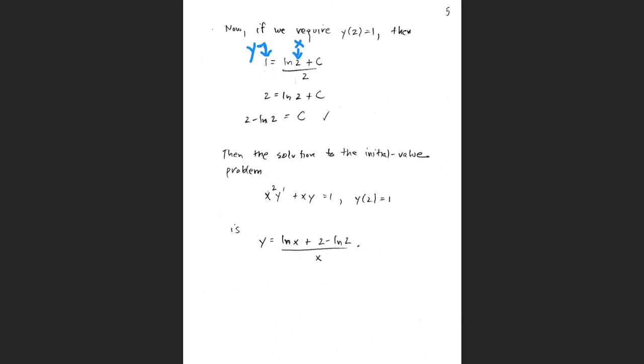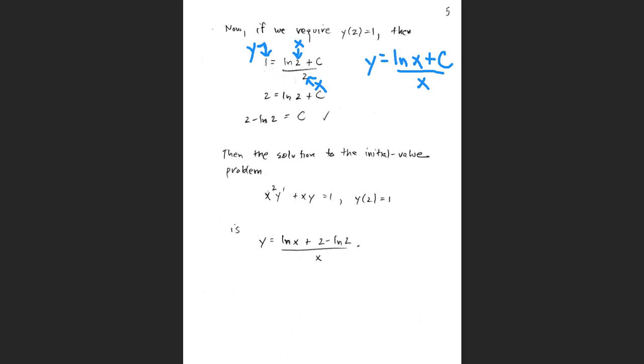Hold on, though. I want to actually go up a little bit. We're putting an x in everywhere we see an x. So here also, x equals 2. The family of solutions is y equals log of x plus c, all divided by x.